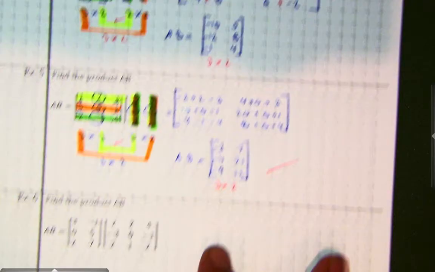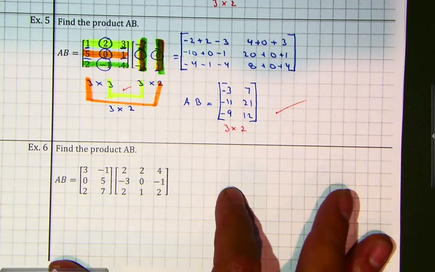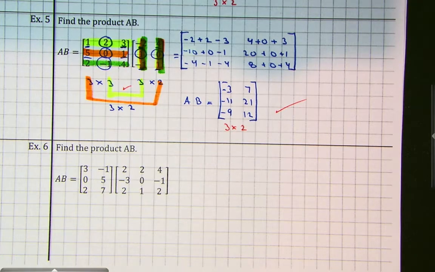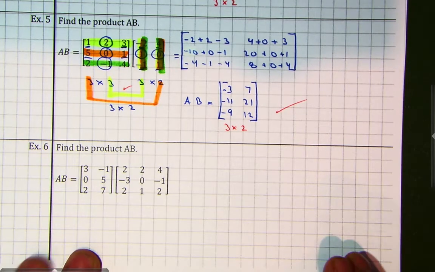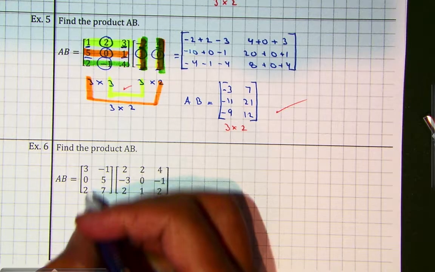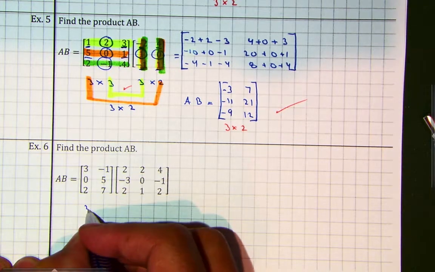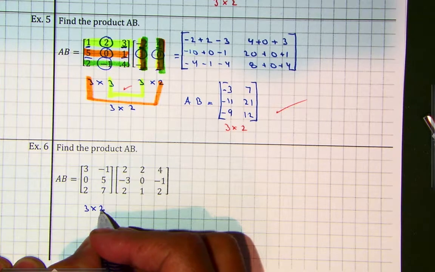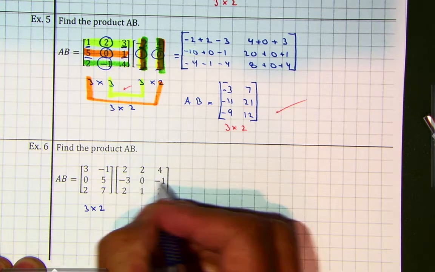So try the example number 6. See what you get, and then we can compare our answers. Go and pause it. So first, let's check. This is 3 rows in 2 columns. This is 3 rows in 3 columns.